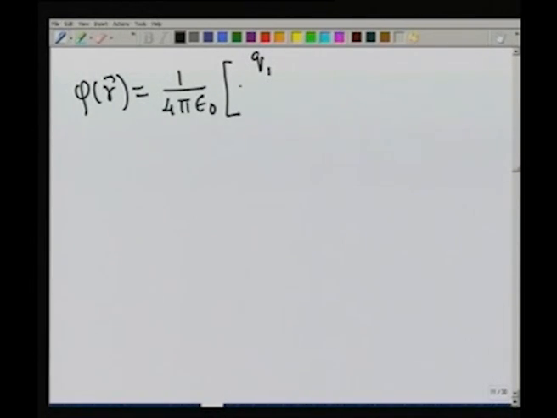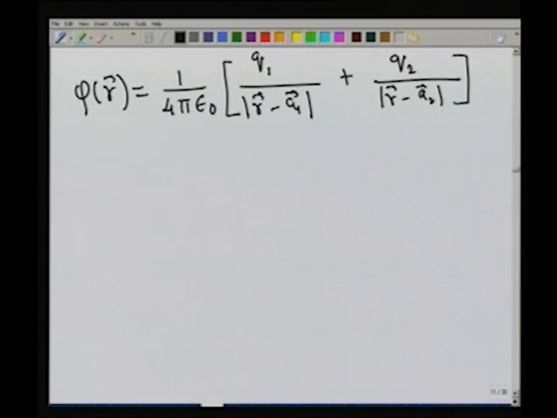So let me repeat my expression phi of r again. So my phi of r is simply given by 1 over 4 pi epsilon naught, my charge q1 divided by mod r minus a1 plus charge q2 divided by mod r minus a2. All of you are familiar with this geometry from your 12th standard course.